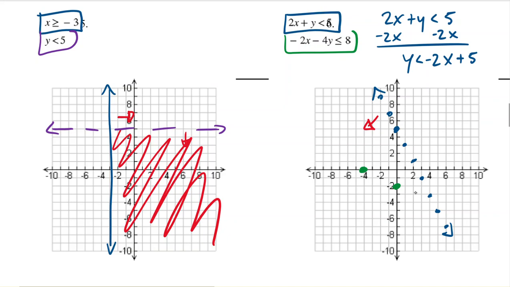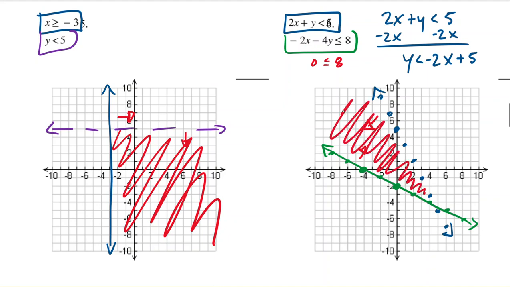That looks like we're going down 1 over 2, up 1, left 2, and we've got the equal sign, so we'll do a solid line here. And now we do our test point, is 0 less than or equal to 8? Yes, that's true, so we want to shade the top. So our feasible region is in there.